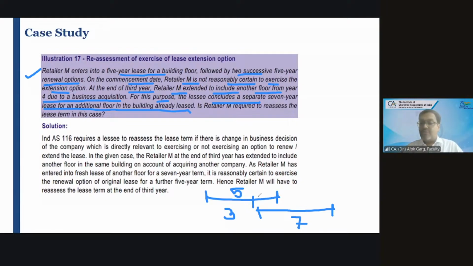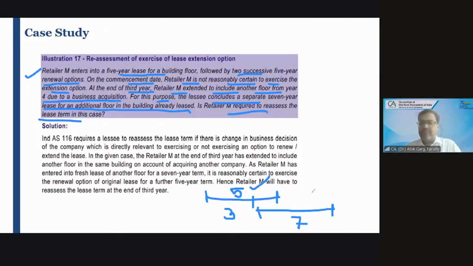So tell me whether retailer M is required to assess the lease term in this case for this lease. There are 2 5-year renewal options. Yes. Why, sir? Because he acquired another floor for 7 years from the 3rd year, which means definitely he will occupy it for another 7 years.